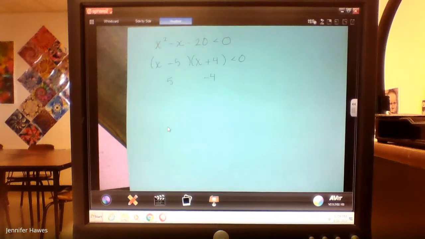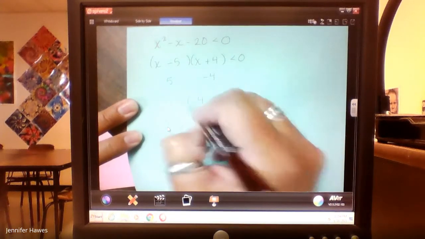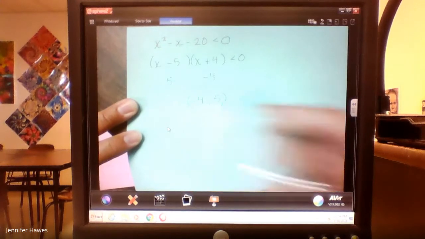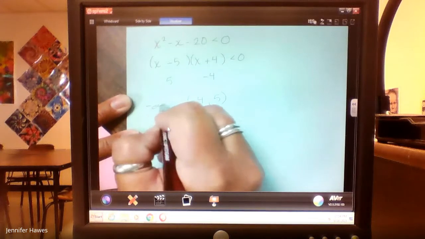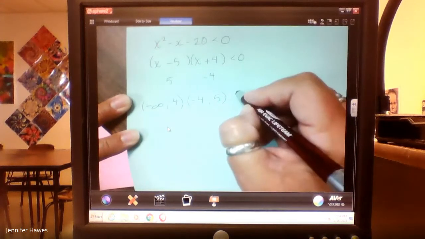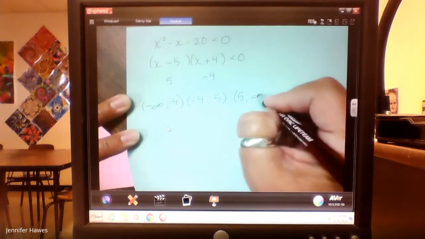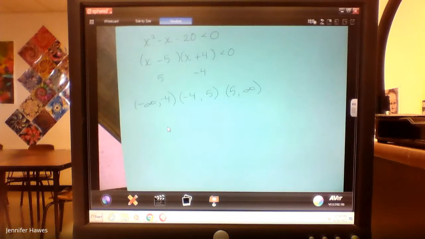So here's how you start this. You're looking at this interval of numbers, this interval of numbers, and that interval of numbers here.